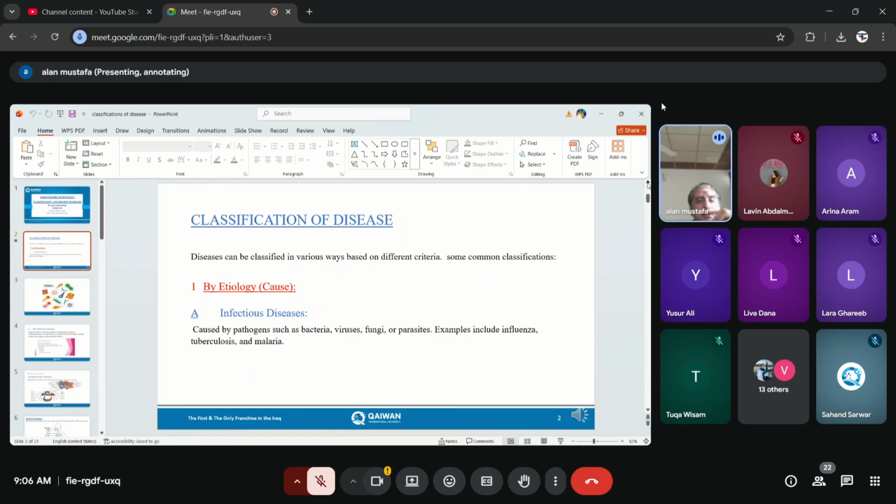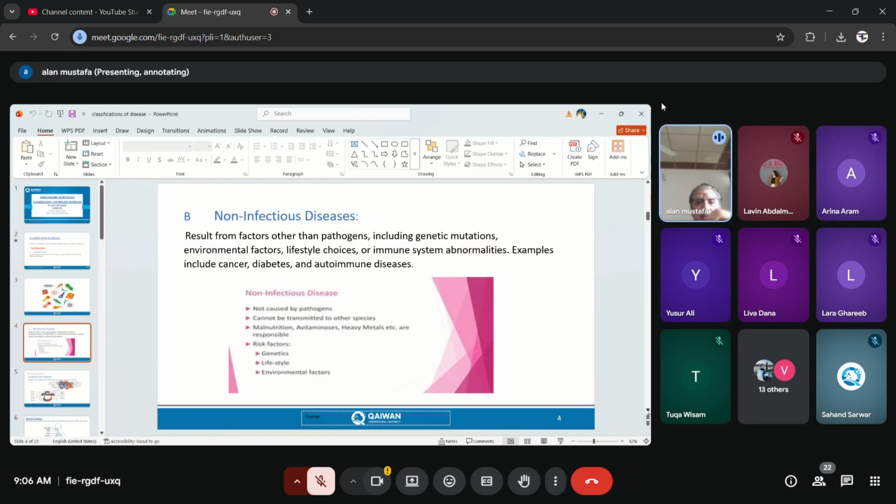Now, the important thing, we know the difference between infection and inflammation. Infection means when another organism, a living organism, goes into our body. So we are talking about bacteria, viruses, fungi. When they enter a human body, they cause diseases. Anything else that's not infectious, we can say it's a non-infectious disease.